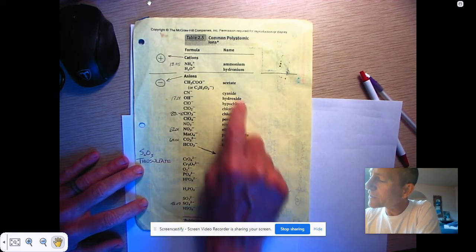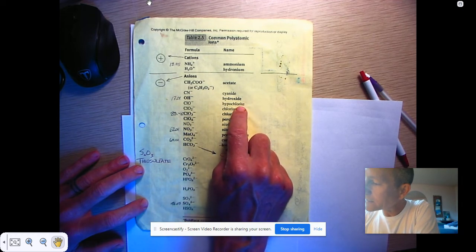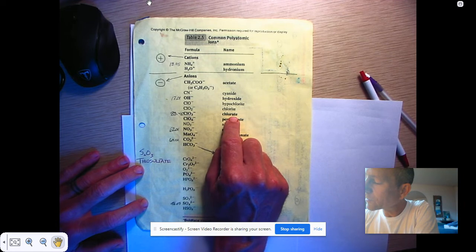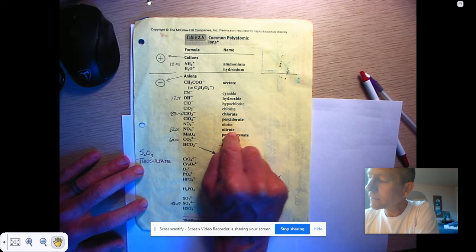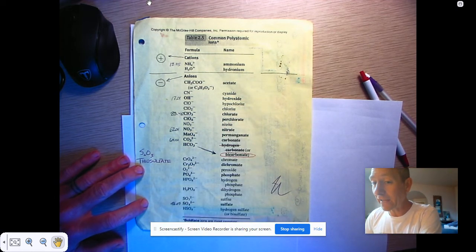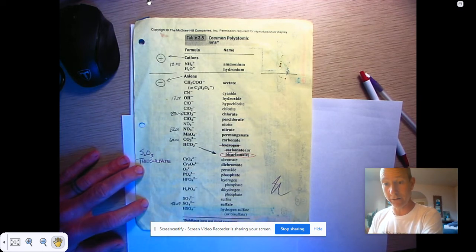If you notice, almost all of them either end in "ite", like hypochlorite, or in "ate", like chlorate. So they have a suffix or an end part of the word that's either "ite" or "ate". Go ahead, check it out.